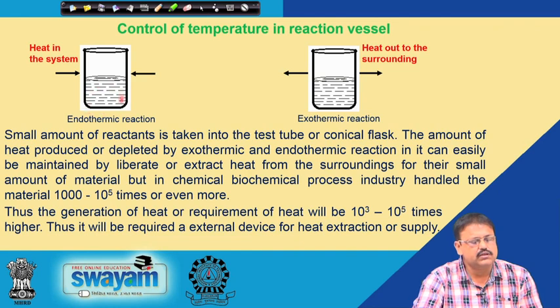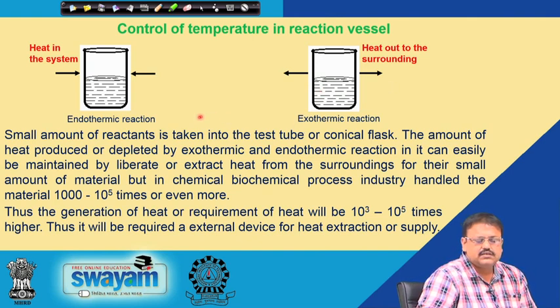The depletion of heat from the system is called an endothermic reaction, and in this case heat will be supplied from the environment to the system to maintain the temperature. For an exothermic reaction, heat will be produced, and that will be passed to the surroundings to maintain its temperature based on the temperature difference from system to surroundings.